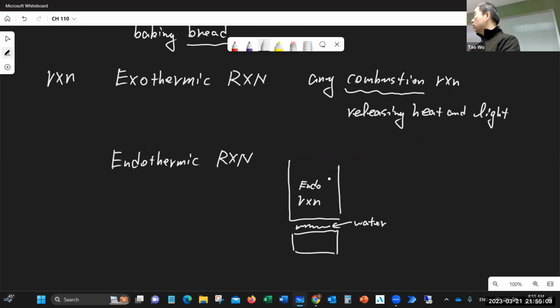During the process of this reaction, the reaction needs to keep absorbing heat from the surroundings, so the temperature decreases. The surroundings include everything except the reaction itself.